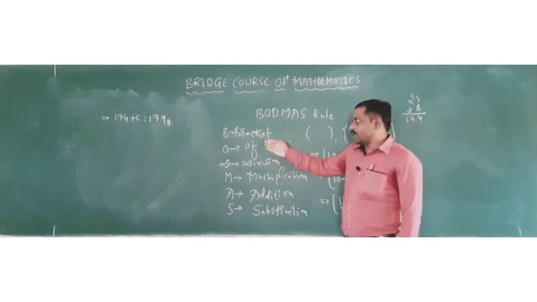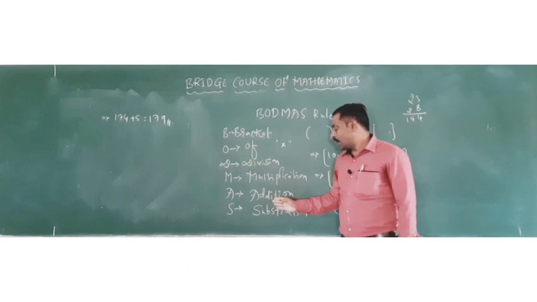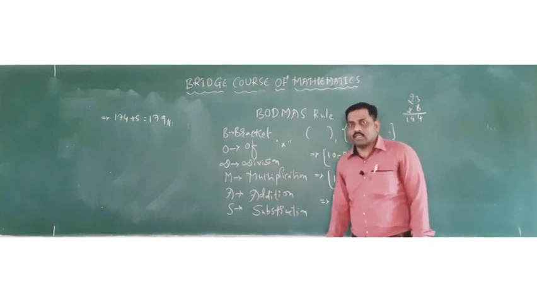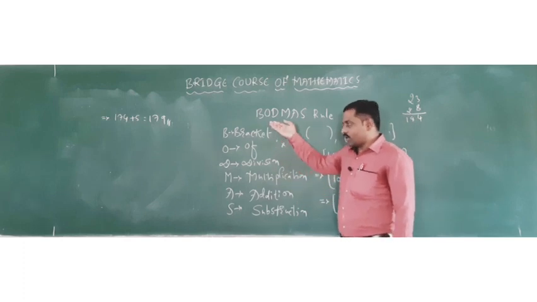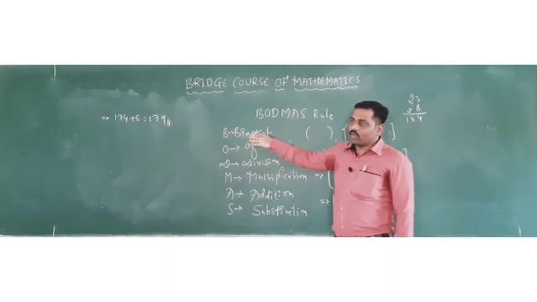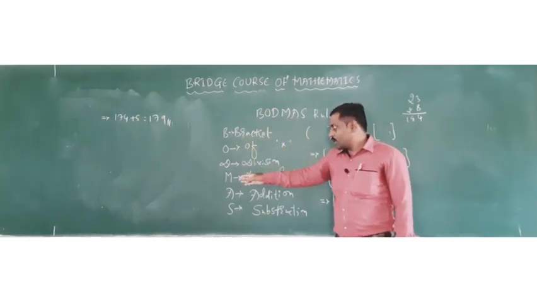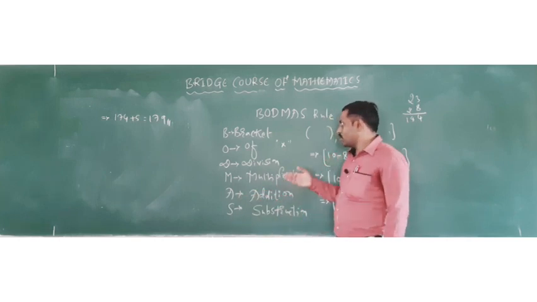B is bracket, O of, D division, M multiplication, A addition, S subtraction. The order is very important. First go through the bracket, then you go to division, multiplication, addition and subtraction. So finally we get the result.